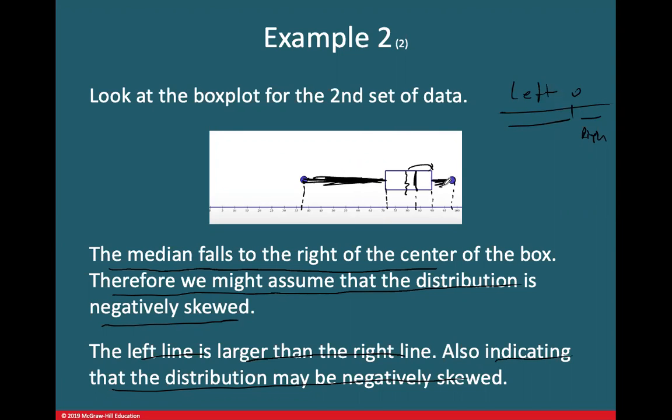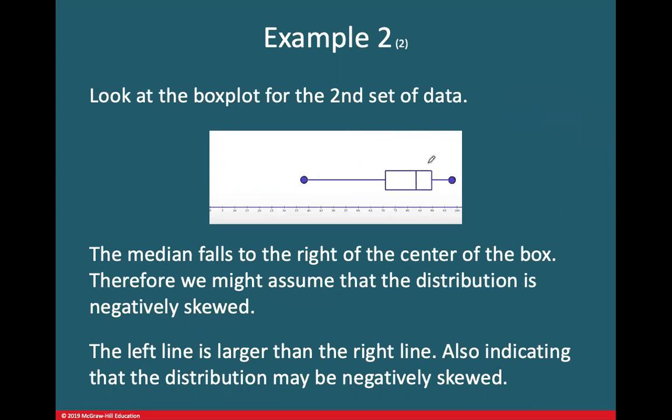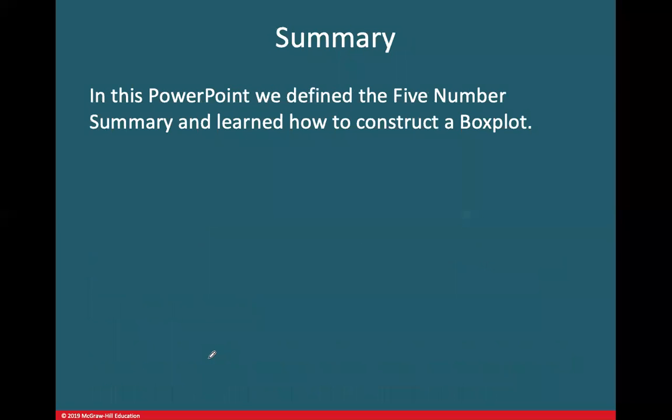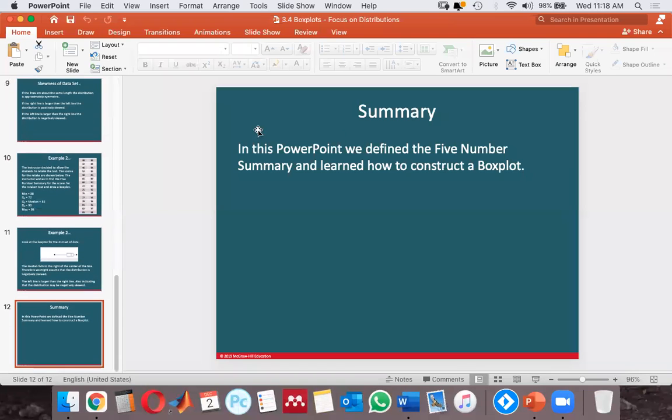If this is bigger on the right side, it is positively skewed. But for the median, it's vice versa: if the median is on the right, it is negatively skewed. If the median is on the left of the center, it is positively skewed.